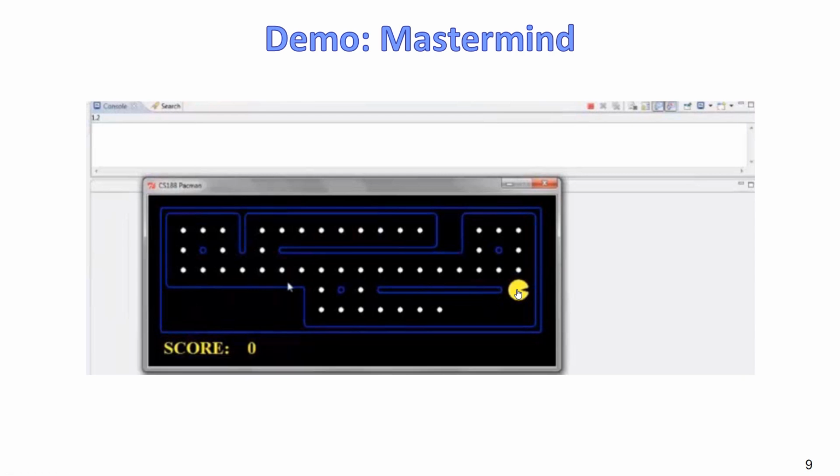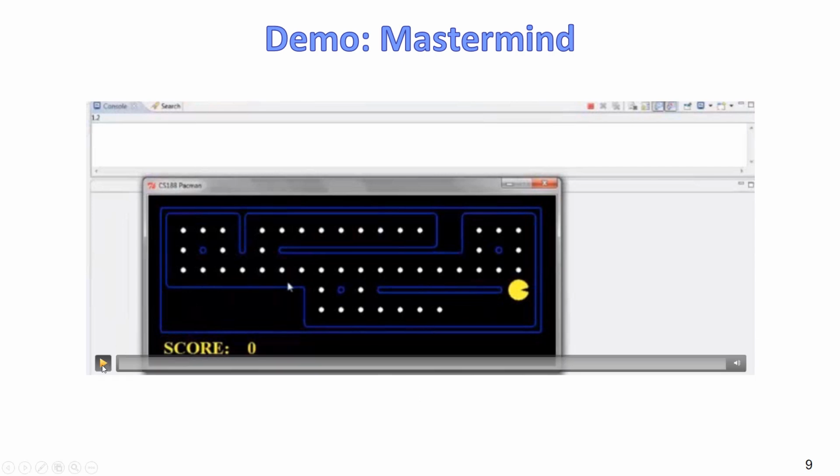And the goal, of course, usually in Pac-Man games is to eat all the dots. So you will see that Pac-Man, before making any action, will plan ahead for the entire solution and then execute that plan. Let's run this and see what will happen.